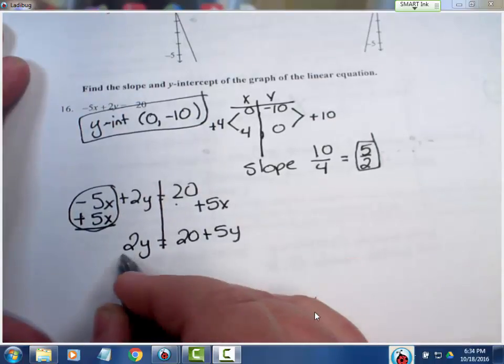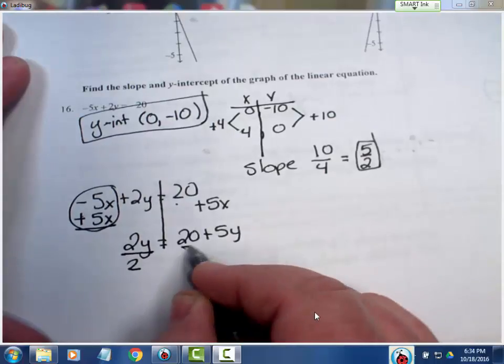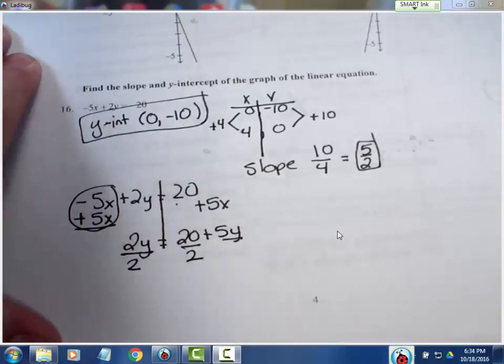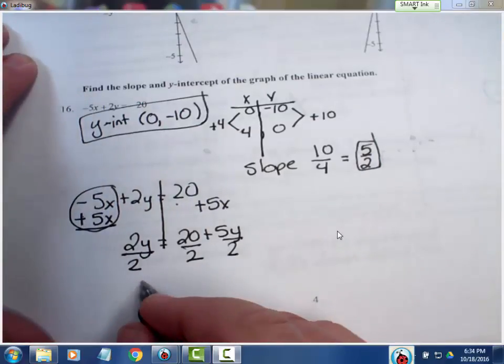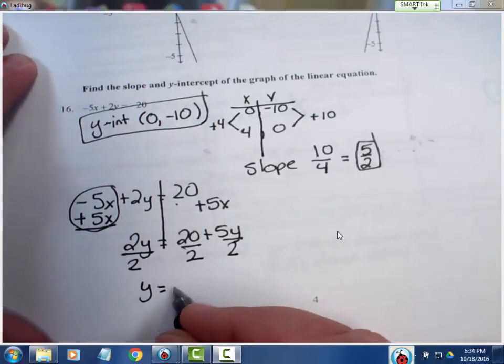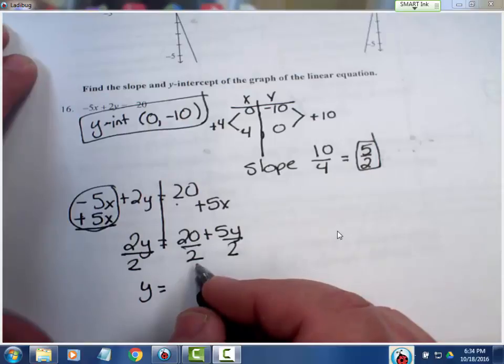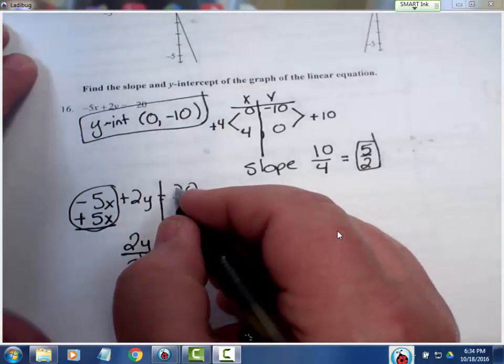Then I divide everything by 2. And I get that y equals, my mistake. That was negative 20.